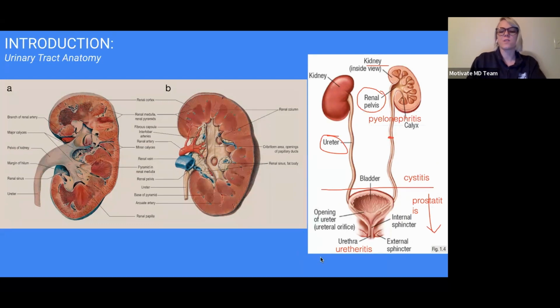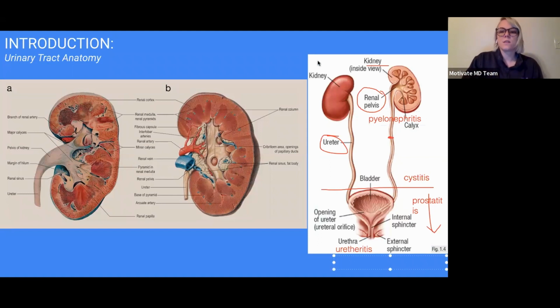We talked a little bit about the vagina, but we can also have vaginitis. We see vaginitis sometimes in postmenopausal women who don't have estrogen, so you can get atrophic vaginitis in that regard. But remember that the suffix itis indicates inflammation. So that's really what we're seeing in all of these things.